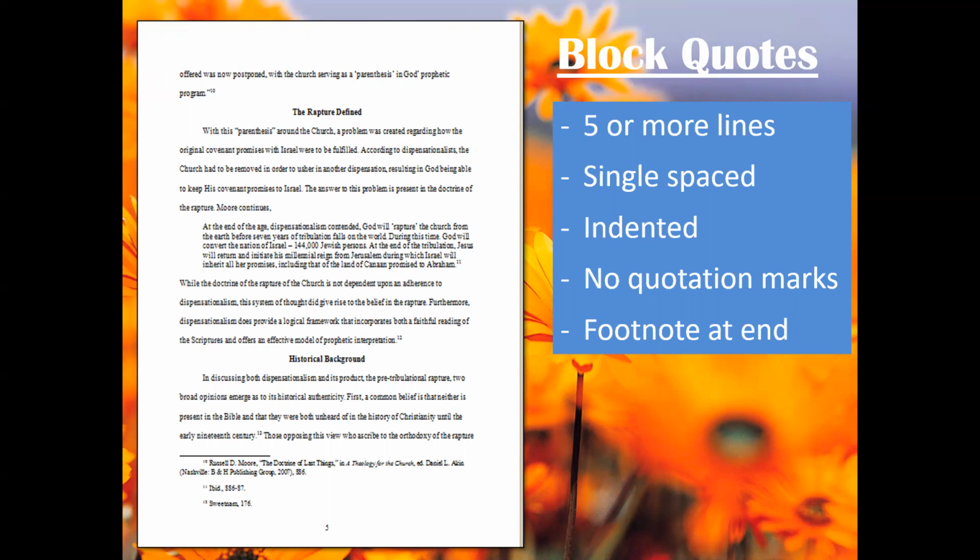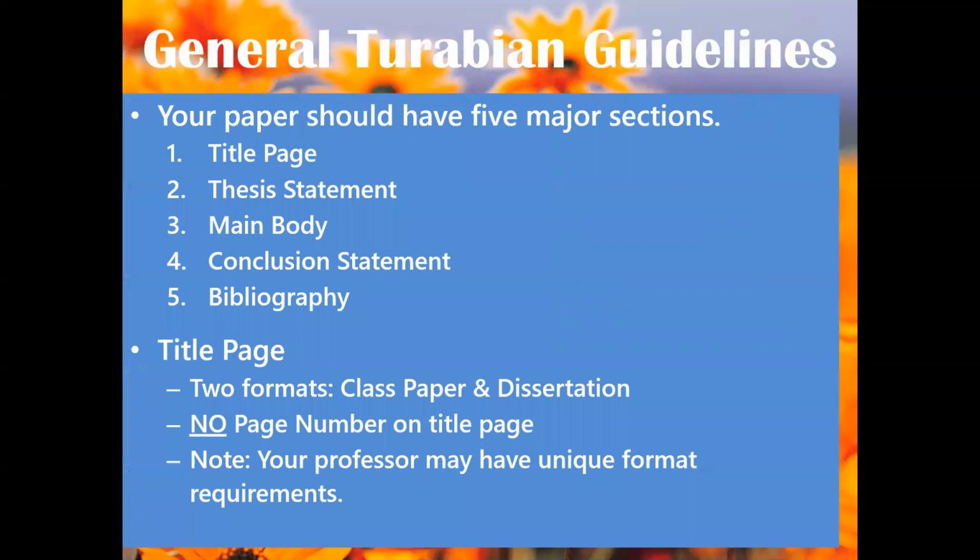I'm going to call it the exponent notation because that's what it looks like the closest to. So that number right at the end of the quote there is your correlating number to the citation down at the bottom, which is common for this kind of writing.